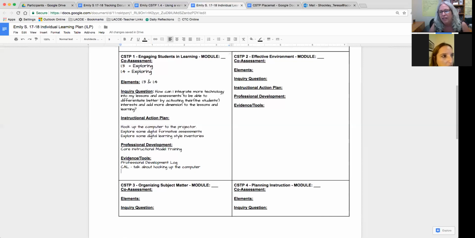No, we have a computer lab with laptops, but there's not enough for every student to be on at the same time. What about if you could pair them? Yeah, I could do that. Is there enough to do pairs?